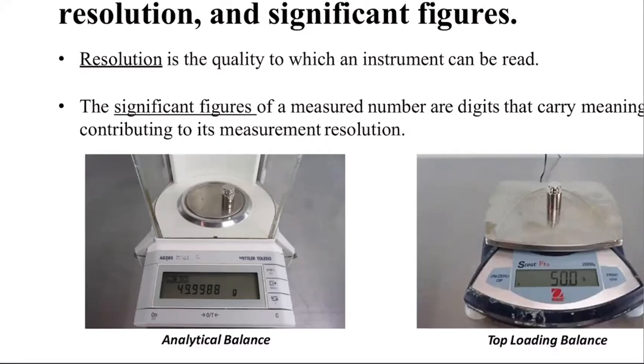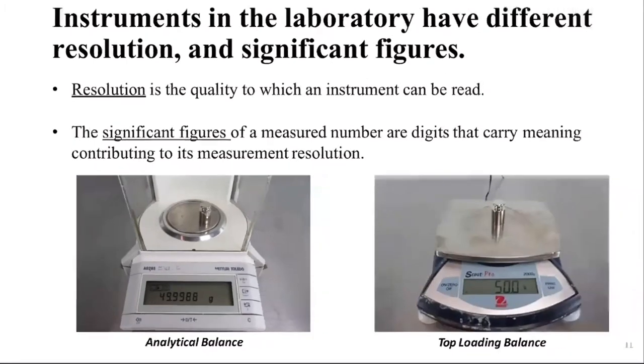They both do their job. But because I have more digits on the screen of the analytical balance, it has a better resolution compared to the top loading balance. Let me write the note here: the analytical balance has a better resolution compared to a top loading balance, just because I see many more digits on the screen.